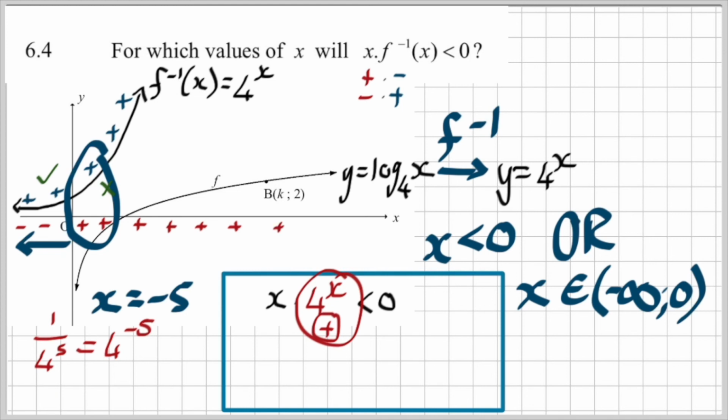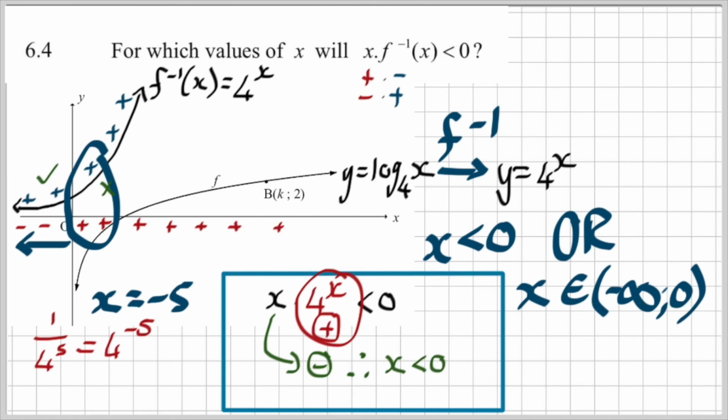So for me to get a minus times by a plus to get a negative answer, it means that x has to be a negative, because that's the only way you can get a negative times by positive to be smaller than 0. In other words, x must be smaller than 0.